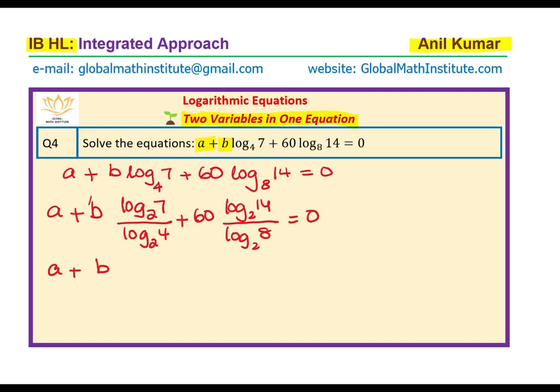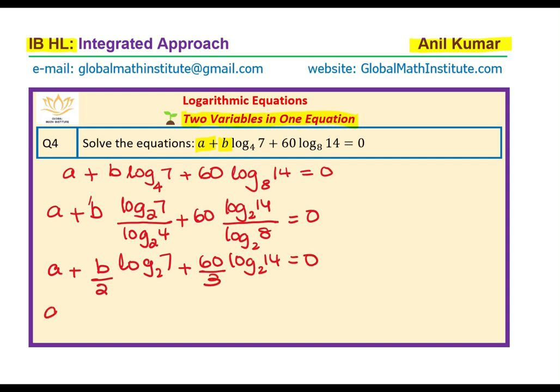So now we have b into log to the base 2 of 7, and log to the base 2 of 4 is what? 2 squared is 4, so it's 2. So I'm writing 2 here. Plus 60 log to the base 2 of 14, and log to the base 2 of 8: 2 cubed is 8, so this is 3.